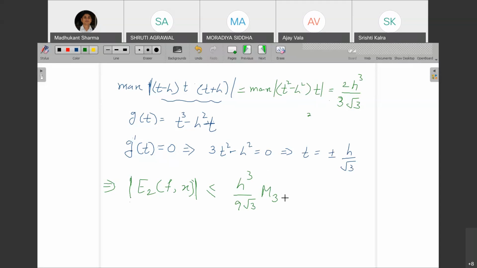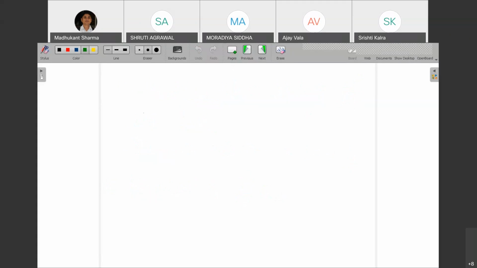Okay, so let's finish this by having 2-3 examples, or you can say applications. You have the following table.